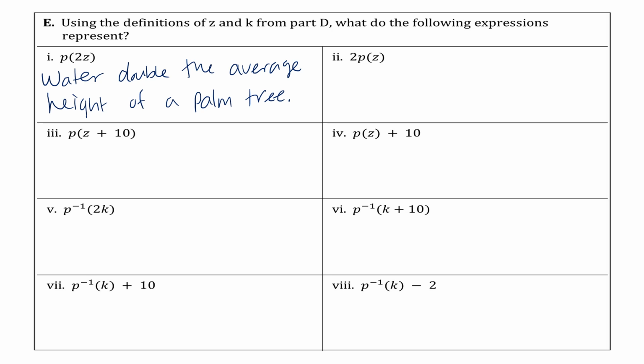Okay, here it says 2P of Z. Well, P of Z by itself equals K. So this equals 2K. So if this equals 2K, what is this saying? It's saying double the water for an average height of a palm tree, right?